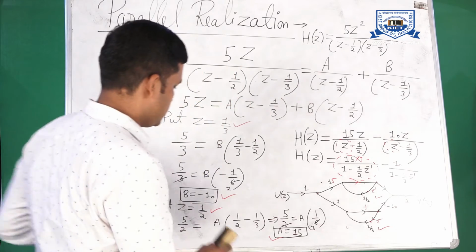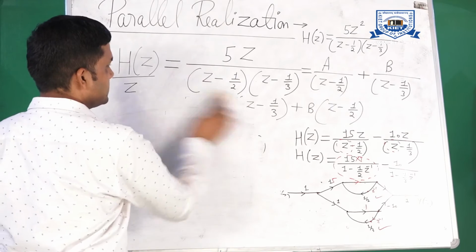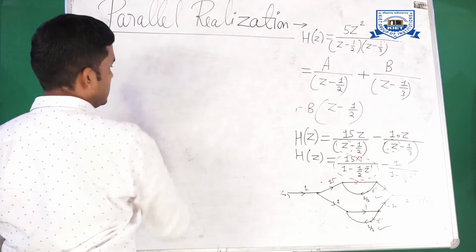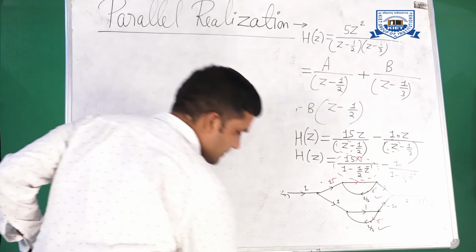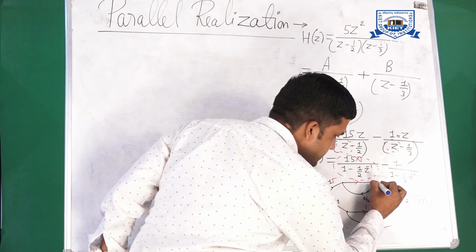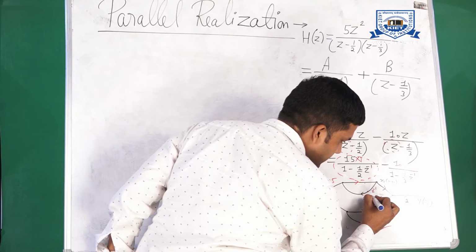How to calculate the state equation matrices, we will see here. You can select, this is x1(k+1) and this is x1(k).